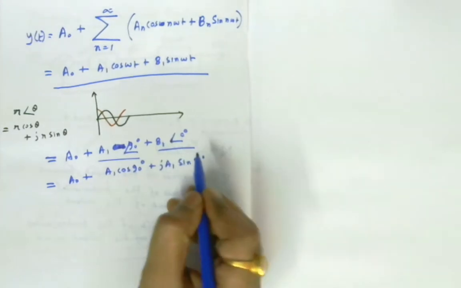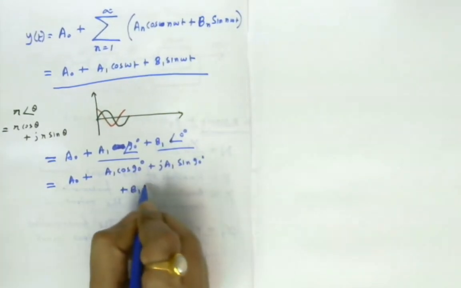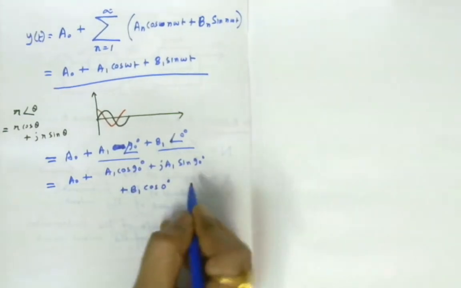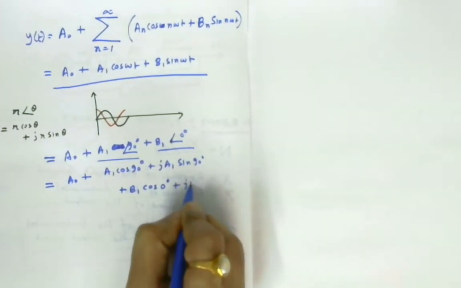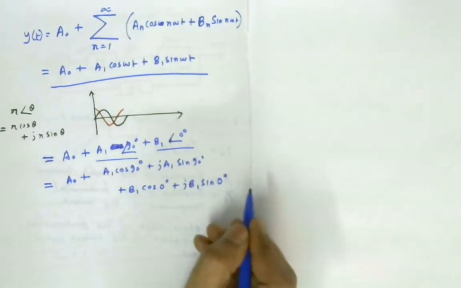And for this component, b1 cos 0 degree plus j b1 sin 0 degree.